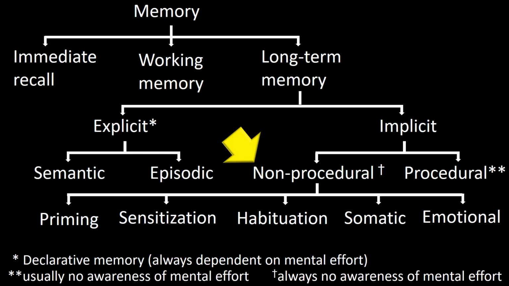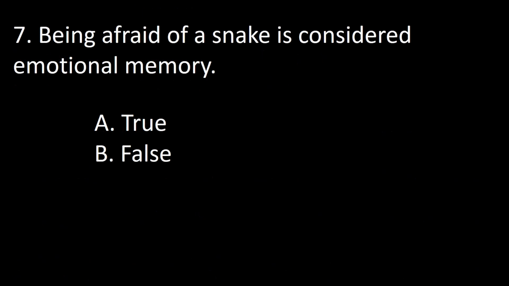Of all the non-procedural memories, the only one tested in clinical settings is priming. But historical complaints occasionally involve all four types of non-procedural memories. So the answer to this question is true.